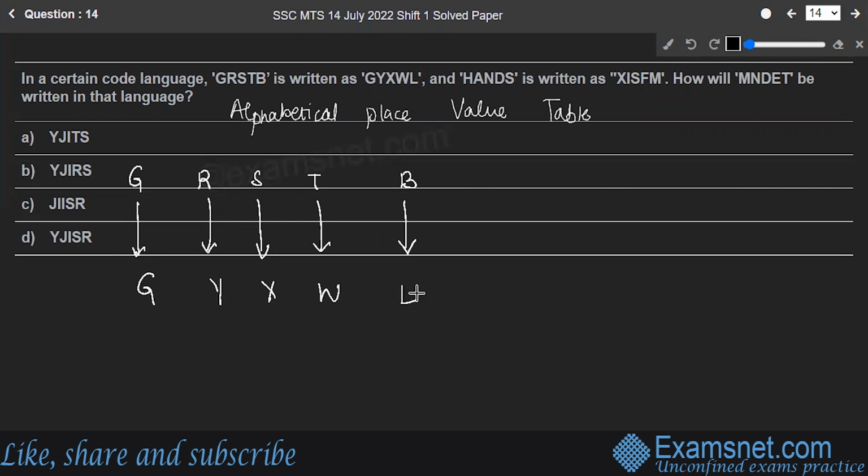Let's write down the position values of all of them. First is G. G is at position 7. R is at 18. S is at 19. T is at 20. B is at 2. G is at 7. Y is at 25. X is at 24, W at 23. And L is at 12.